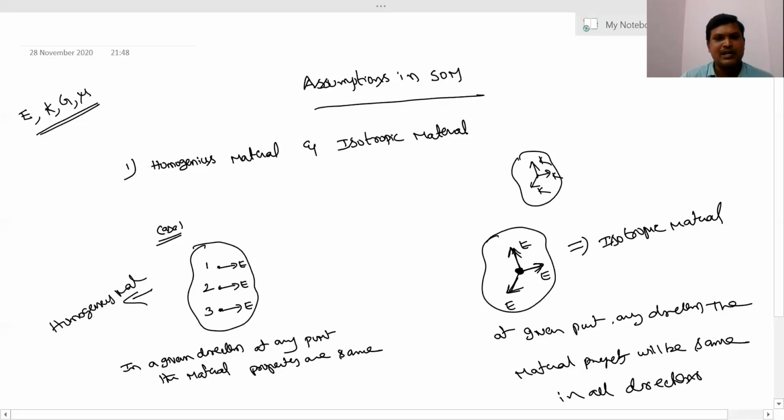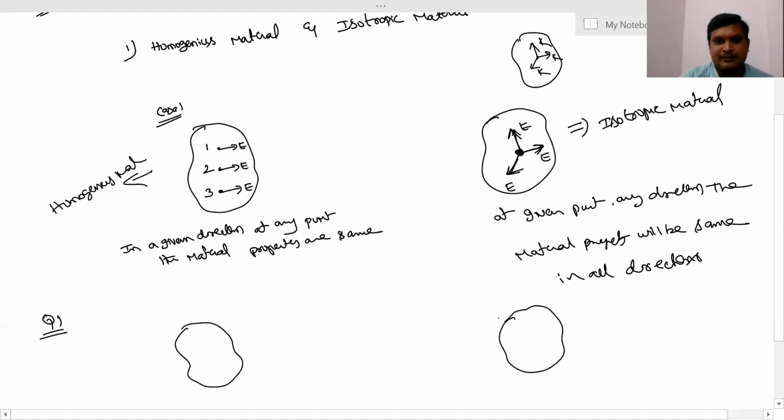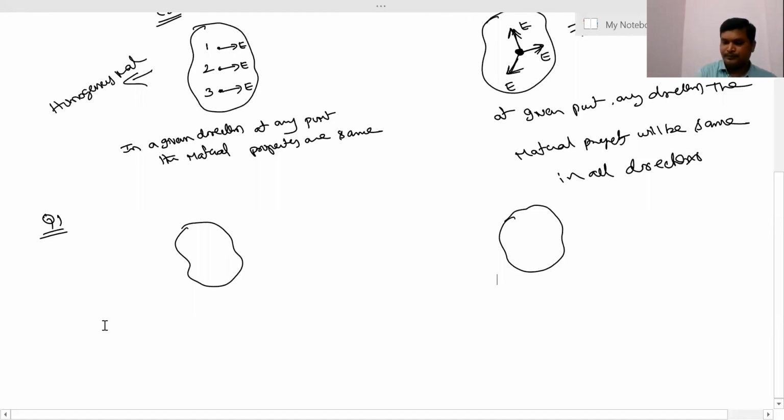Here, not only E, any material property is the same. So this is my question 1. I'm taking again two different cases. This is point 1, material property E; this is point 1, material property E.